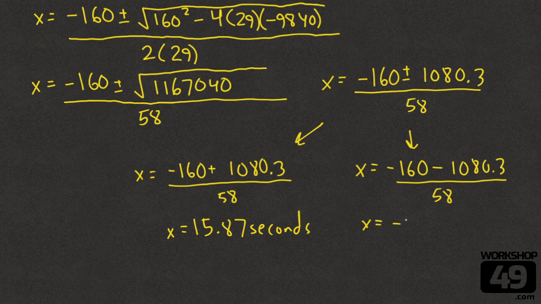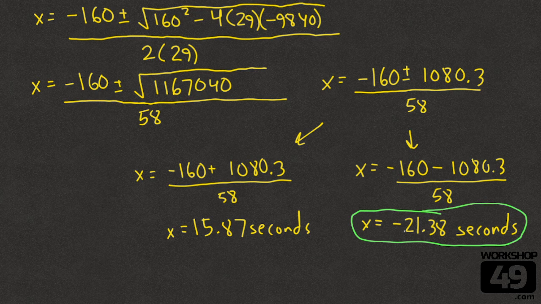And x equals negative 21.38 seconds. We still get a negative answer, but I was kind of expecting that because one of these has to be negative. One of these is not a useful answer. We are going to cross that out.